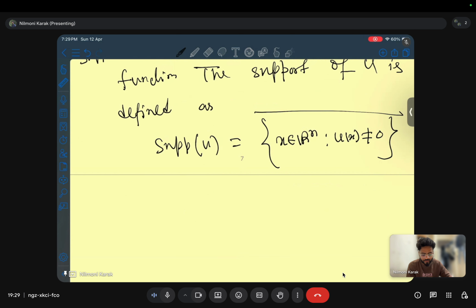So basically this is the smallest closed set outside which the function is identically 0.